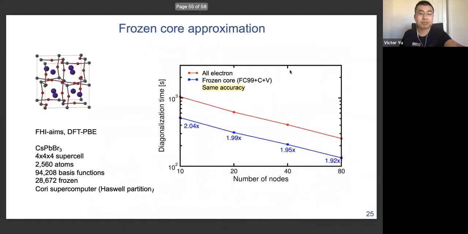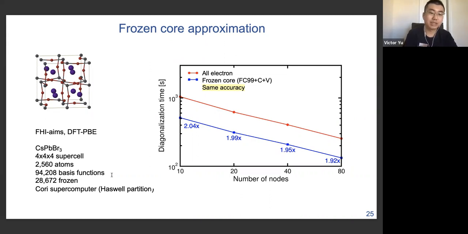And how much time can we save? This is just an example of this cesium lead bromide material. Shown here is a small cell. Actually, in the benchmark calculations, I created a 4x4x4 supercell of this material, which contains 2,500 atoms and almost 100,000 basis functions.